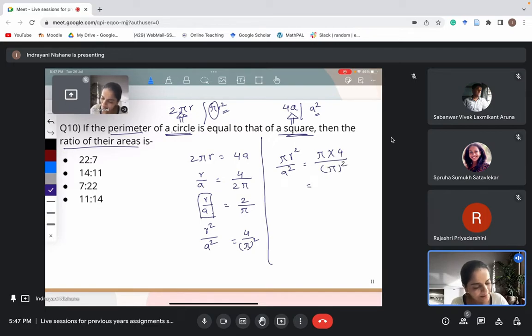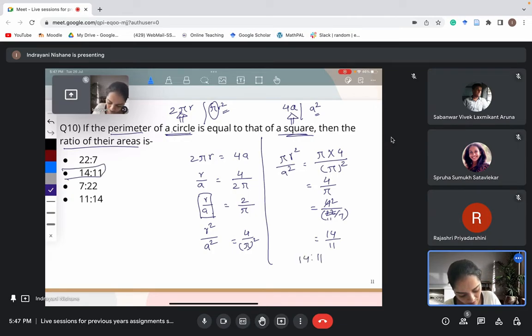Simplified, it will be 4 divided by pi, which will be 4 divided by 22 by 7, which will be 14 by 11. 14 is to 11, which is option B here.